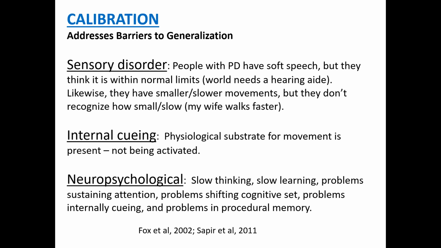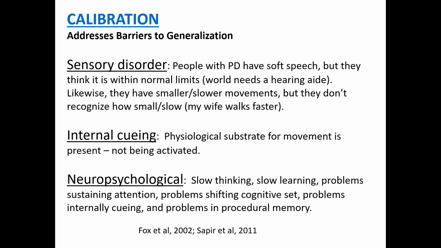Also, there might be some subtle neuropsychological changes going on, so slower thinking, slower learning, problems sustaining attention or shifting cognitive set, difficulties with internal cueing, and problems in procedural memory. So that's part of the reason that treatment is focused on so simple, just focused on loudness or focused on bigness.